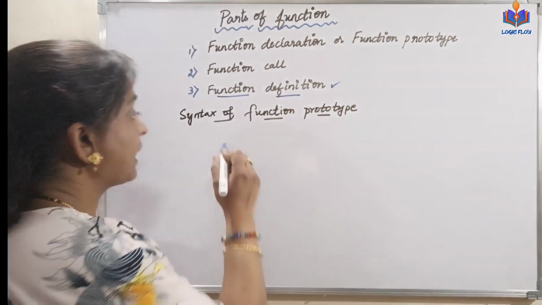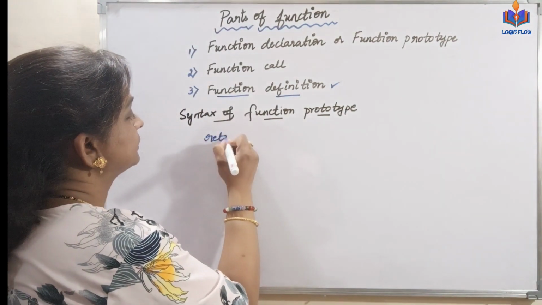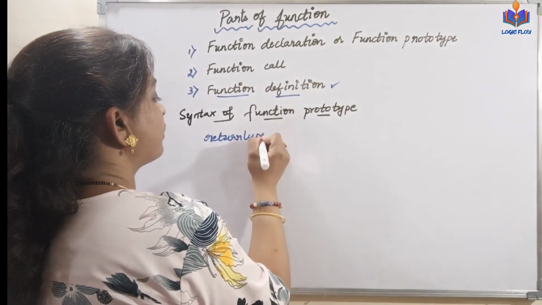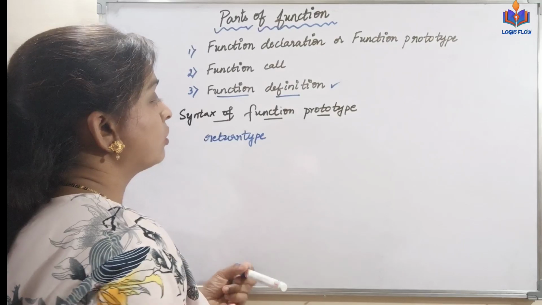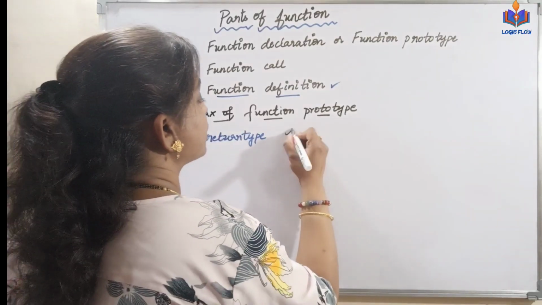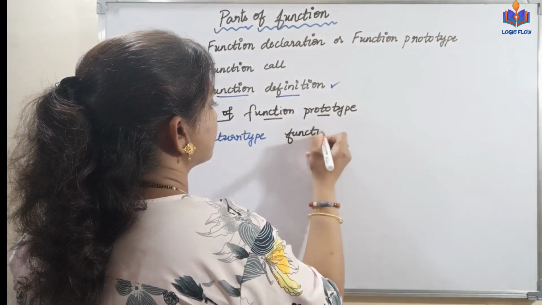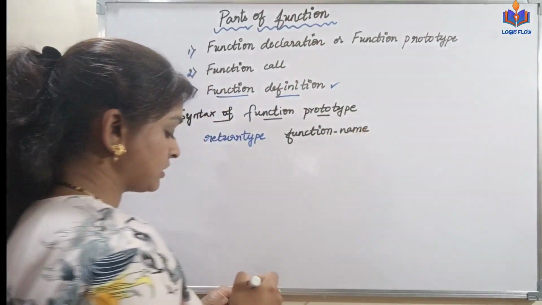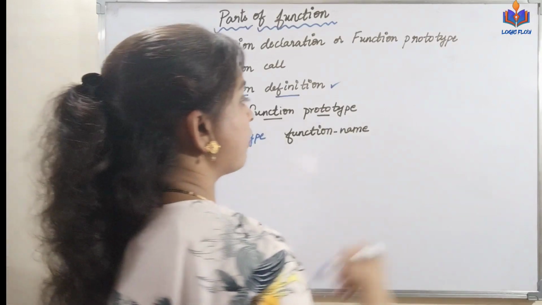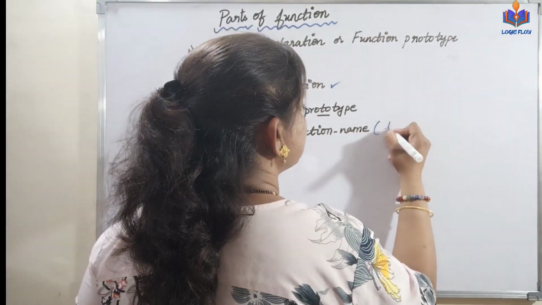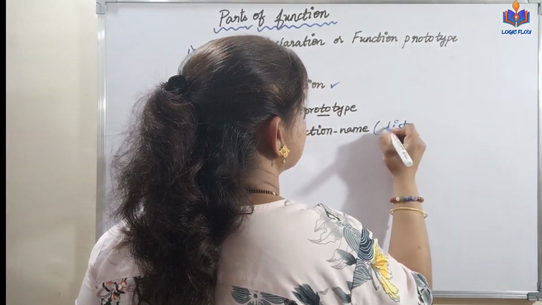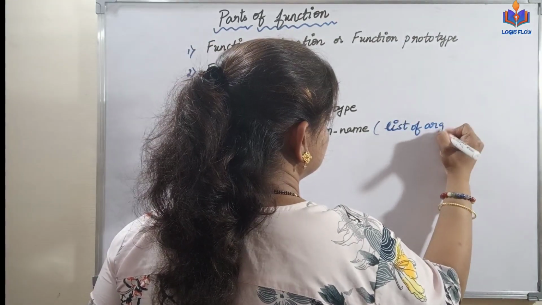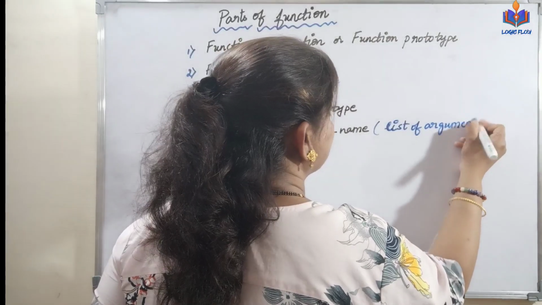So there again comes the return type of the function, followed by the function name and the list of arguments with their declaration.